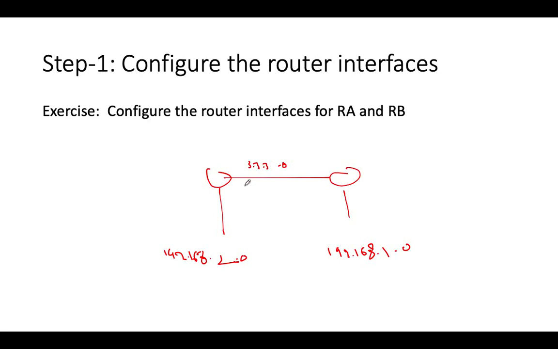That's it. Or if you want to make it much easier, here it is 1.1.1.0, 2.2.2.0. I think that's much easier. That network is 1, this network is 2, this network between is 3.